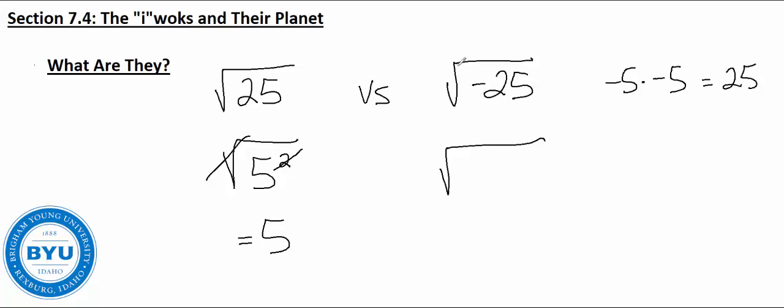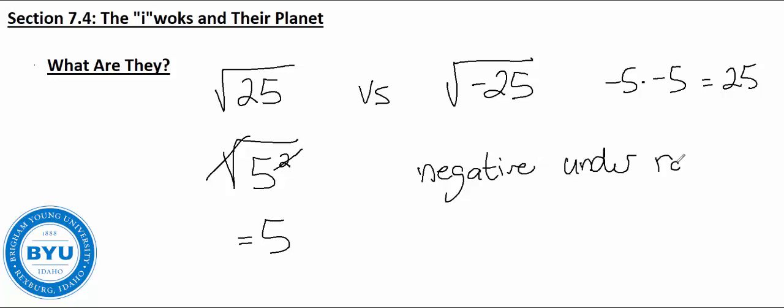And so in the real world, mathematicians and scientists needed to come up with a new number that would make this work. And the number they came up with is the number i. Anytime you have a negative under a root, this is going to be an imaginary number.